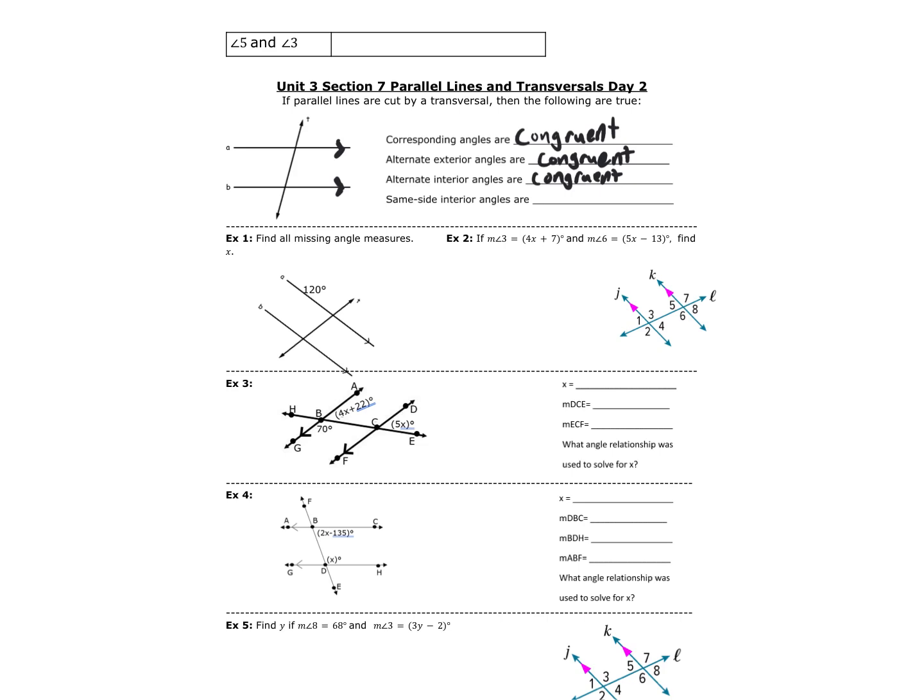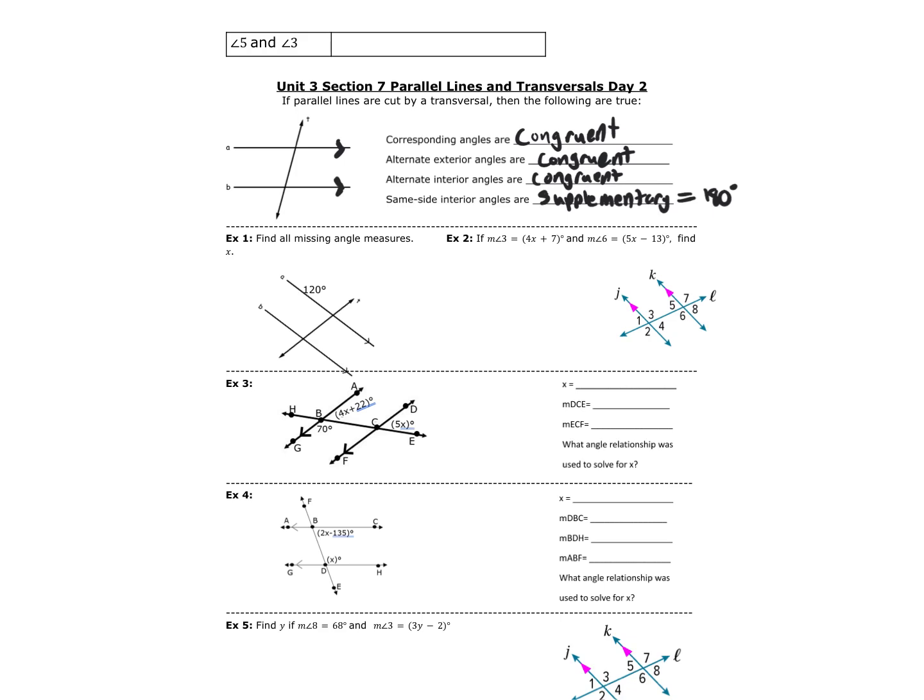And lastly, same side interior angles are not congruent. They are supplementary, which means they add up to equal 180 degrees.